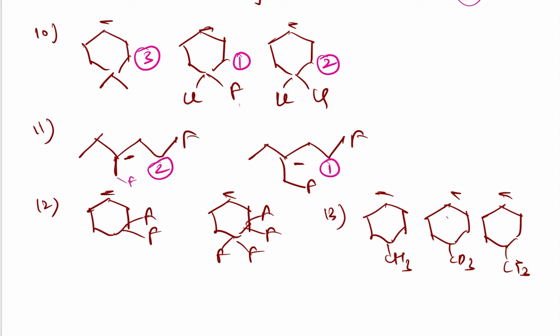Here we have fluorine, which has a -I effect; here it is more -I, and here it is more +I, so less -I. So CH3 is more stable than CD3 minus, with a negative charge over here.